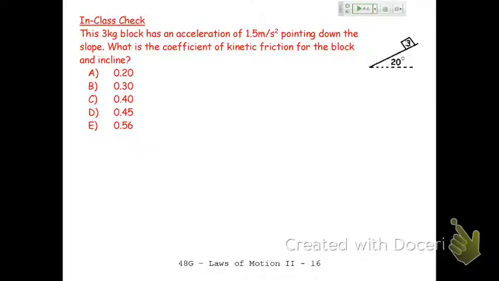Okay, so this is a slope. You've got the skills, just work through it. This 3 kilogram block has an acceleration of 1.5 meters per second squared, pointing down the slope. So I'm telling you the acceleration is in that direction.